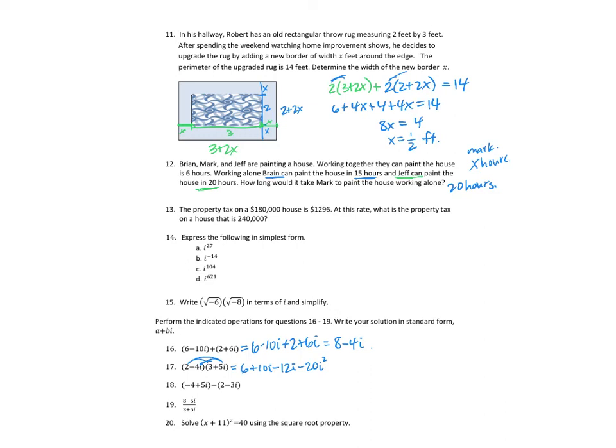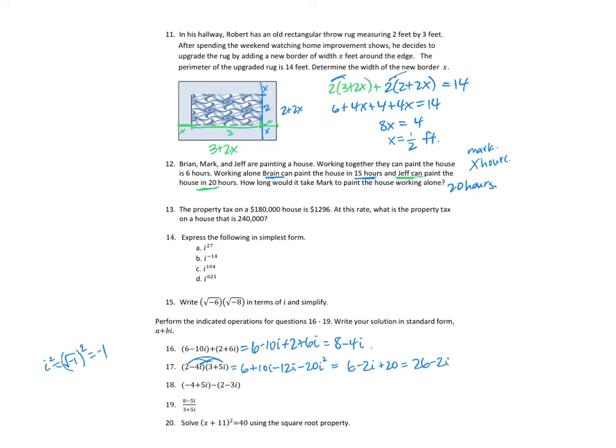And what is I squared? I squared is square root of negative 1 squared, which is negative 1. And so this gives me 6 plus, let's combine those i's together, so 6 minus 2i, and then plus 20. So this is 26 minus 2i.